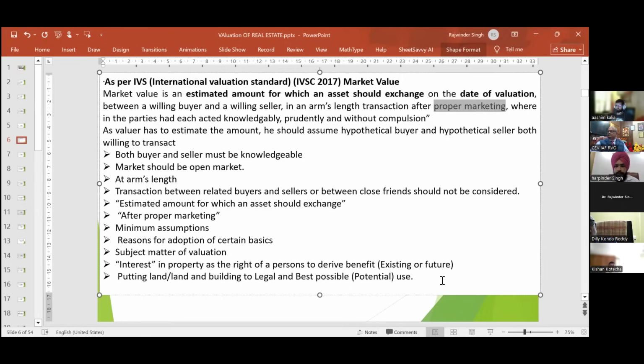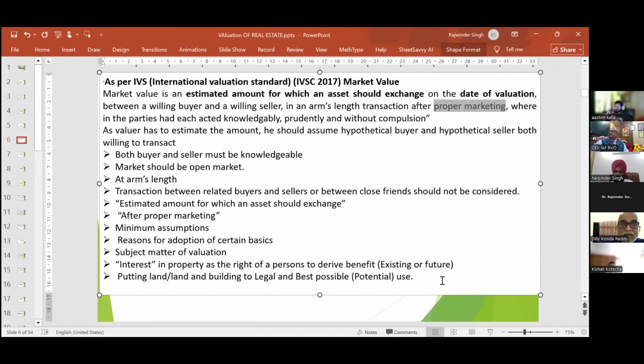And then where the parties had each acted knowledgeably. So let us suppose I have bought a property 40 years ago. I have gone foreign. After returning from the foreign country, I am selling my property and I have bought that property for 1 lakh. But today's market value is 2 crore.